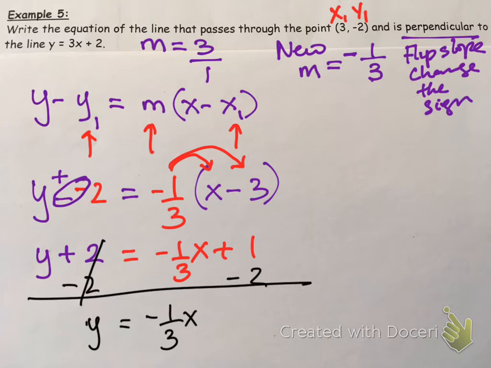I have a plus 1 and a negative 2, so this is minus 1. So my equation is y equals negative 1/3 x minus 1. This is the equation of a line that passes through the point 3, negative 2 and is perpendicular to the given line y equals 3x plus 2.